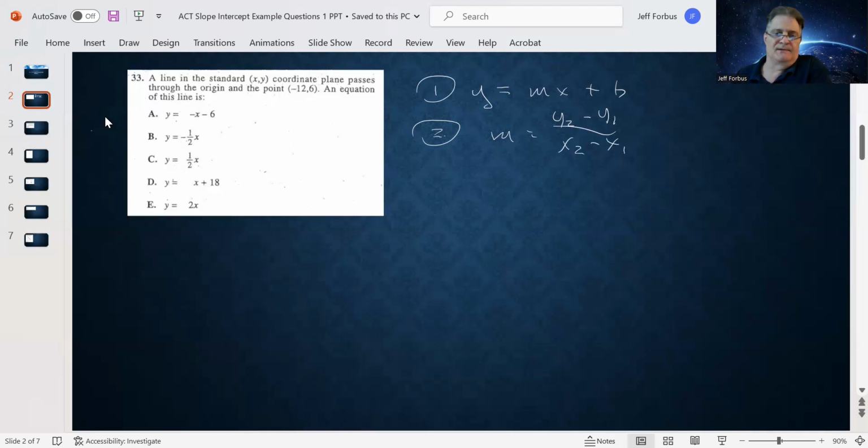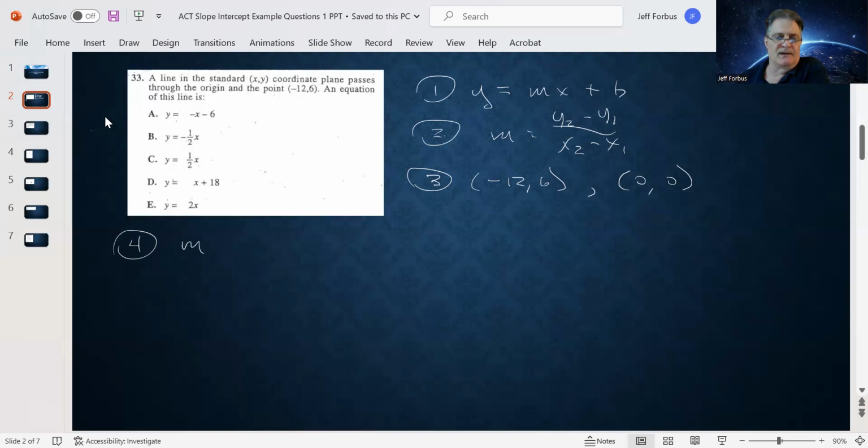We're given a point, and we know the other one's at the origin. So in this case, the point we're given is -12, 6, and the origin is 0, 0. So we can figure out the slope real quick. Let me write it over here beneath the image, number 4.